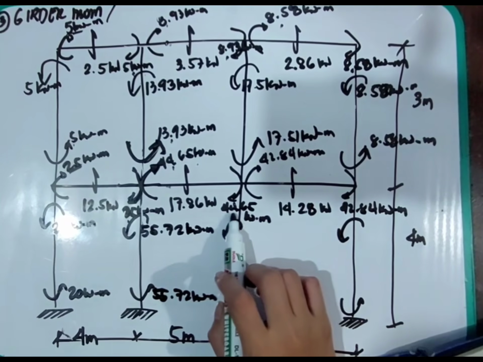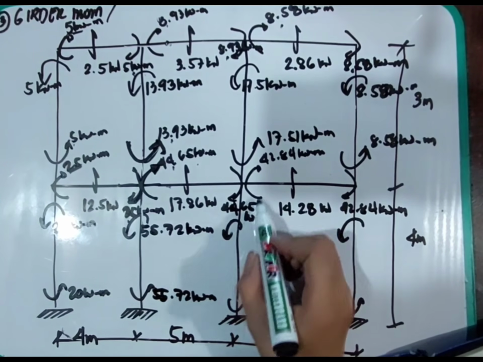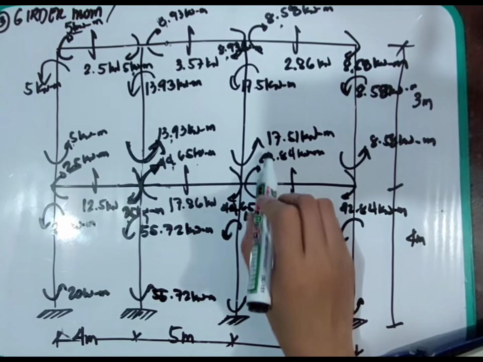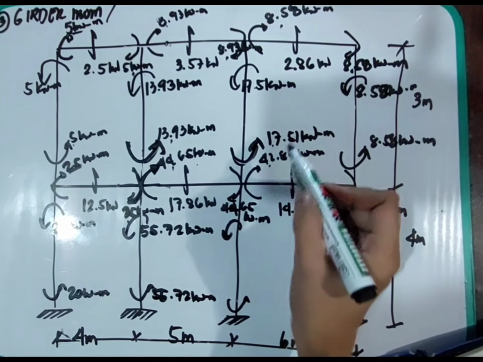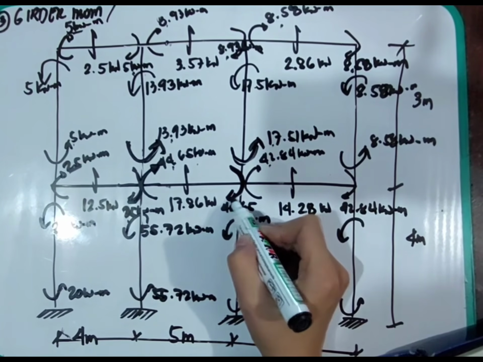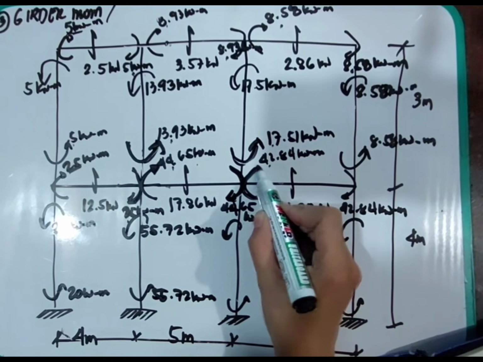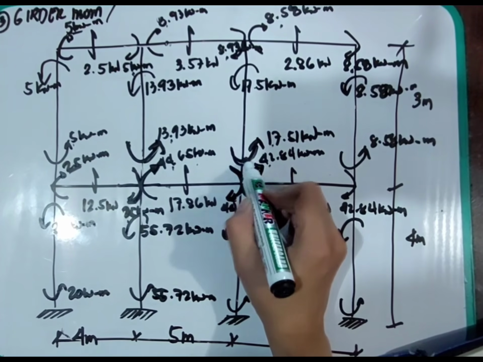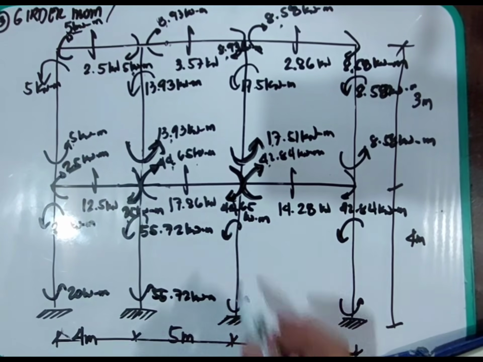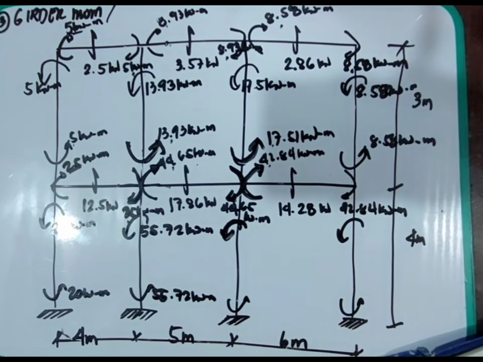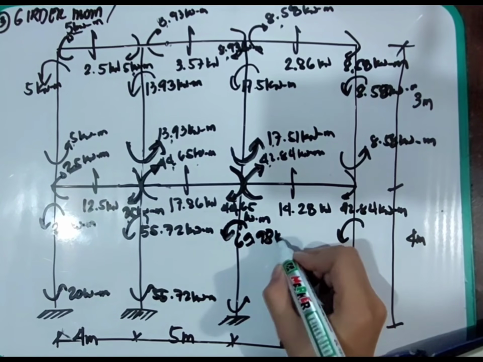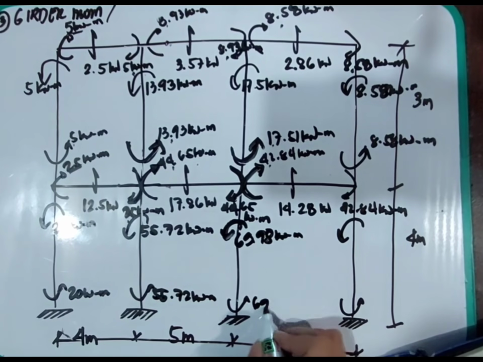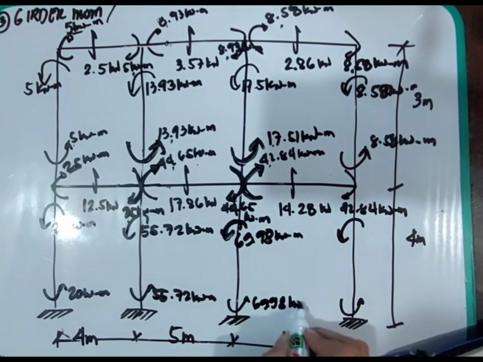Next, ito naman, 44.65 plus 42.84 minus 17.51. Ulitin ko. 44.65 plus 42.84 minus 17.51. So, ito ang answer nyo, which is equivalent to 69.98 kilonewton meter.